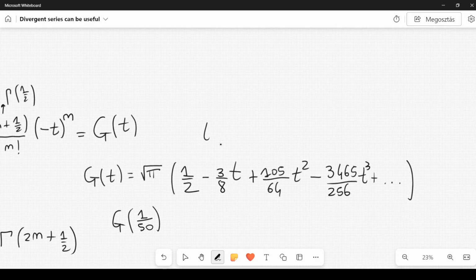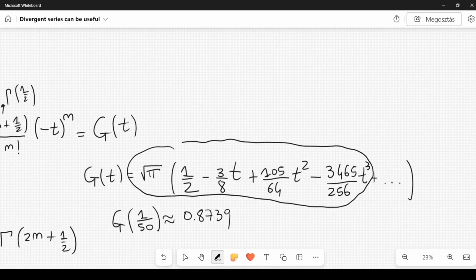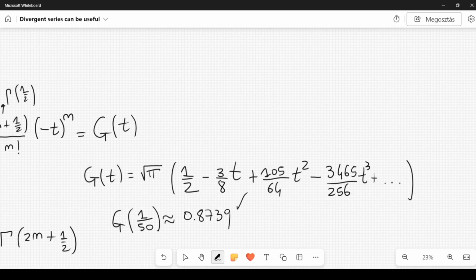But now let's see what happens if we truncate the series and we calculate it when t is small, so close to 0, but positive, and we get that this is approximately 0.8739. So I'm talking about these four terms, and it will give us this result.